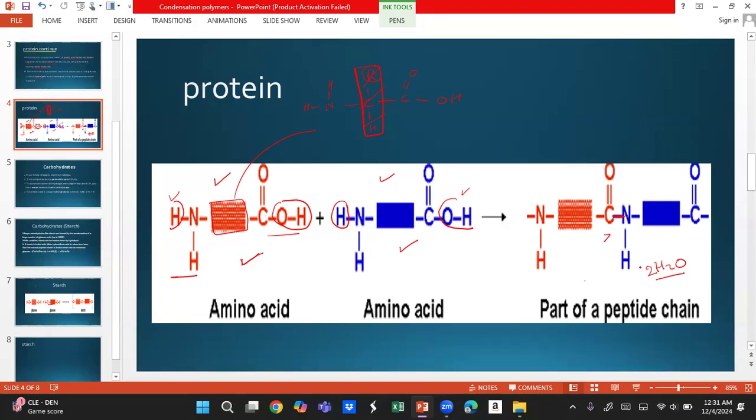When two amino acids join together to make a small segment of protein, you can see this. This is where they join together, and this is the linkage. In the CIE paper, this is very important. Sometimes you are given monomers, and you have to make this polymer. Sometimes the polymer is given, and you can be asked to encircle the linkage.